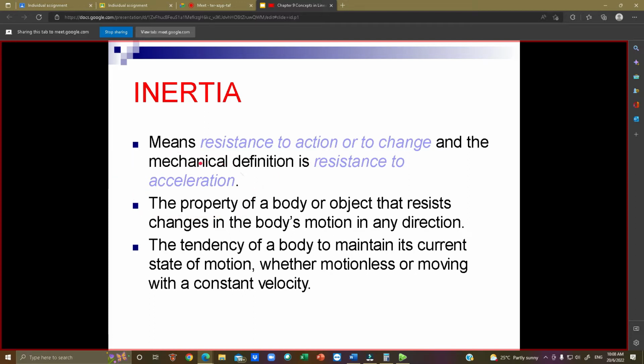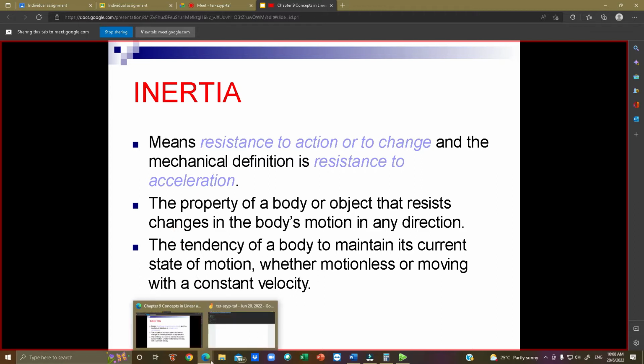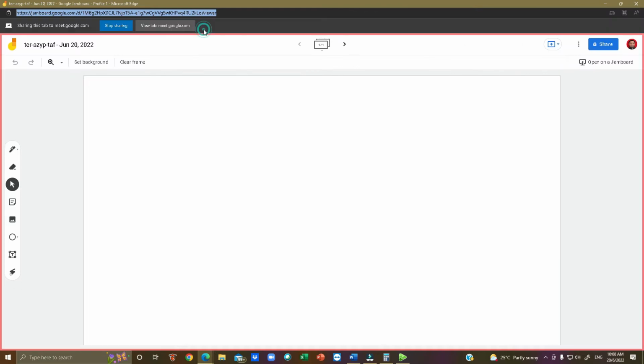Based on Newton's first law, an object, satu benda, if we don't inflict force on that object, it won't move. Or if the object is in motion, it will keep on moving with the same velocity. So Newton's first law is the law that talks about inertia.